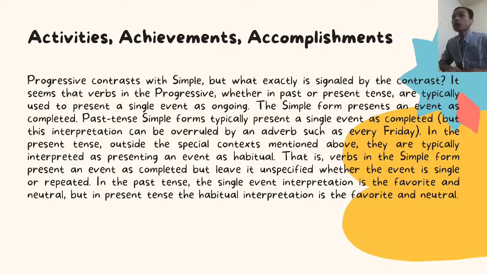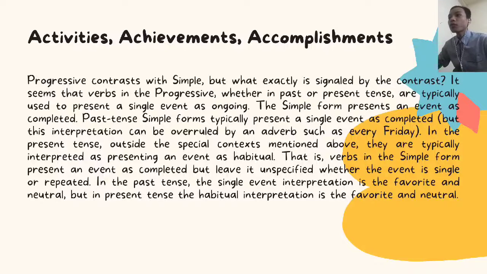Okay, then progressive contrasts with simple. But what exactly is signaled by the contrast? It seems that verbs in the progressive, whether in past or present tense, are typically used to present a single event as ongoing. The simple form presents an event as completed.